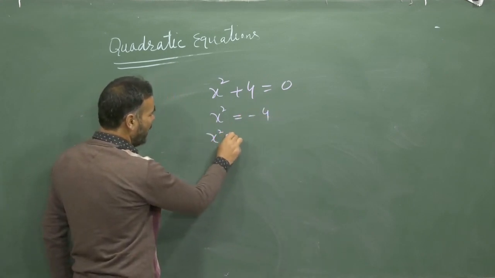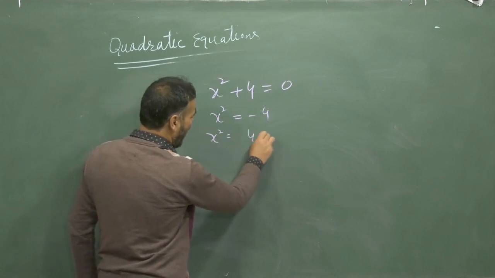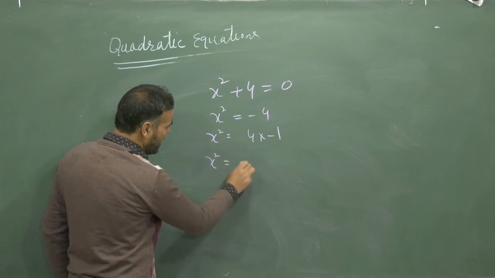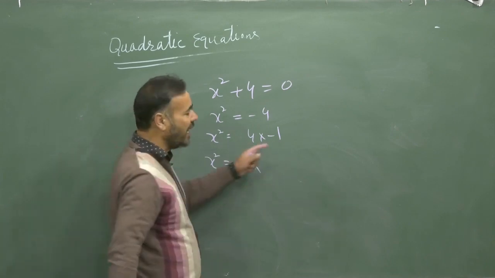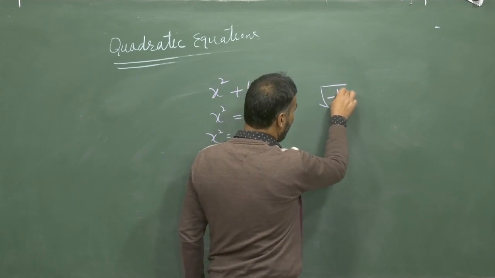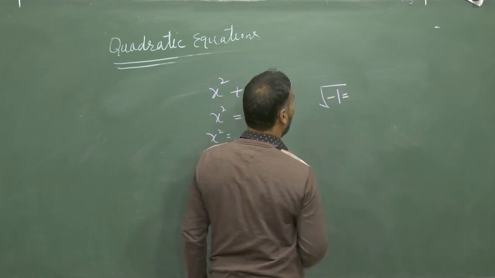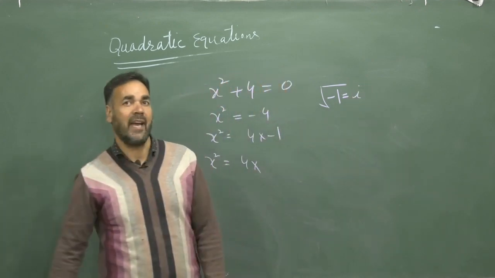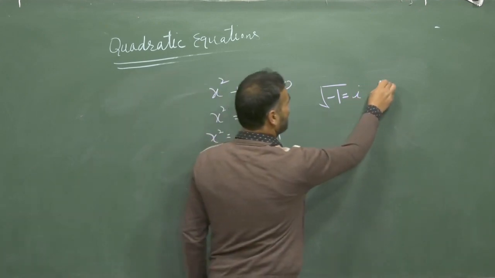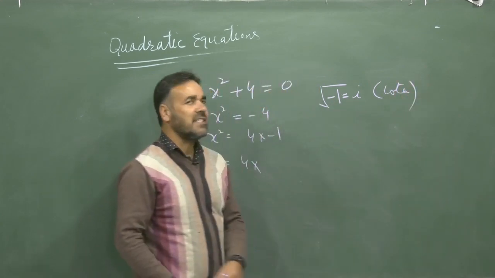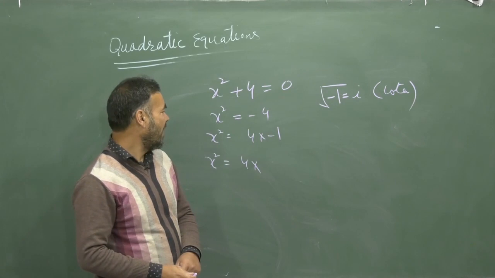X square will be equal to 4 and we can write it with minus 1. X square is 4 and this negative 1, actually in the complex sport we can say square root of minus 1 is denoted by a letter that is known as iota. This is iota, and iota is always equal to square root of minus 1.